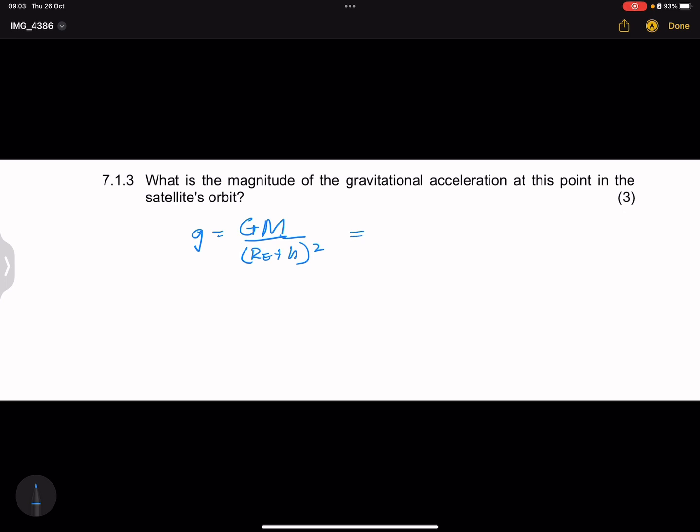So let's substitute. That's 6.7 times 10 to the power negative 11.